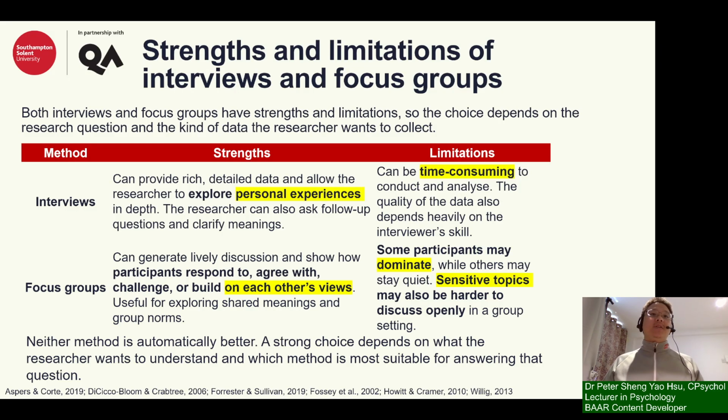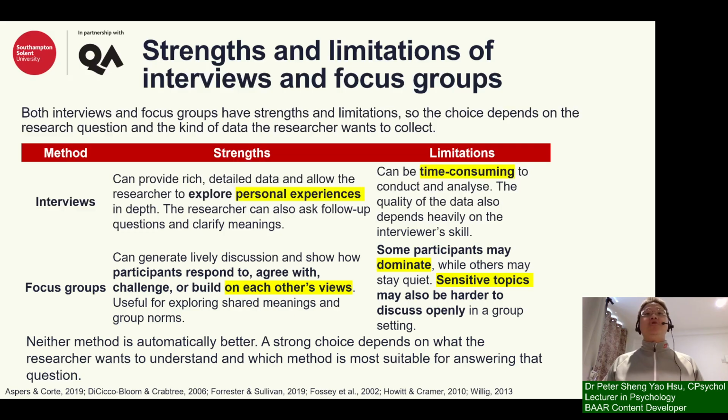The quality of the data also depends heavily on interviewer skills. If the interviewer asks leading questions, interrupts too much, or fails to follow up important points, the data may be weaker. Now, look at focus groups.